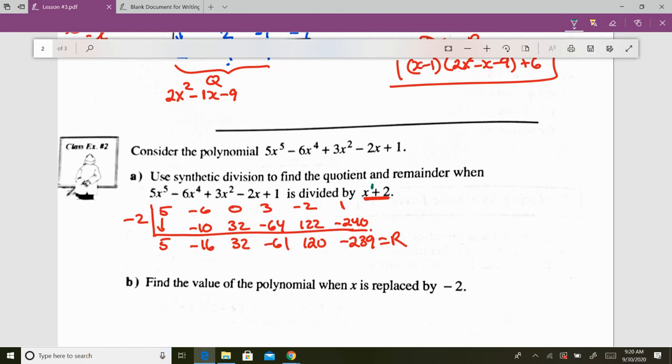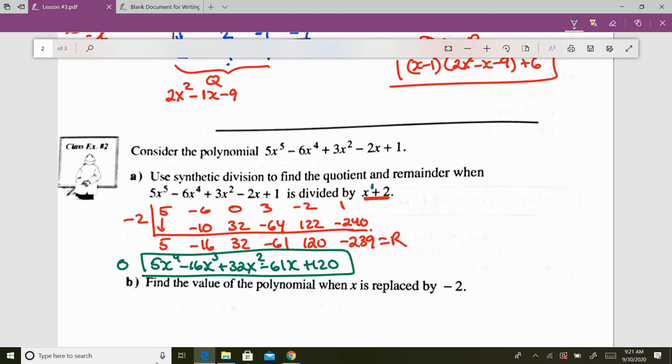So basically, whatever your degree is of your polynomial, when you divide by a linear, the degree goes down by 1. Okay. So this is going to be 5x to the 4, and then you just follow the line down, minus 16x cubed plus 32x squared minus 61x plus 120. And there's your quotient.